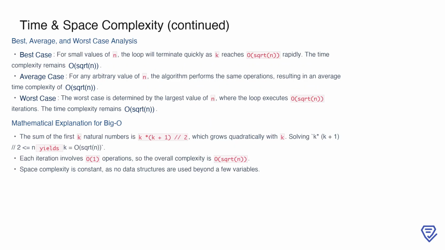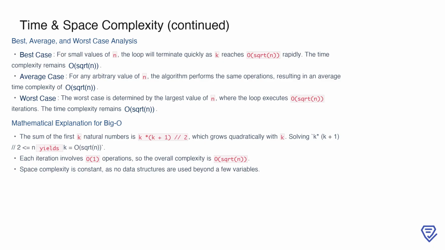Analyzing the algorithm across different cases, we observe that the time complexity consistently remains O(sqrt(n)). In the best case, for small values of n, the loop terminates quickly as the value of k reaches O(sqrt(n)) rapidly. In the average case, for any arbitrary value of n, the same formula applies, and the algorithm performs the same operations within the O(sqrt(n)) iterations. Even in the worst case, for the largest possible value of n, the number of iterations is still bounded by O(sqrt(n)).